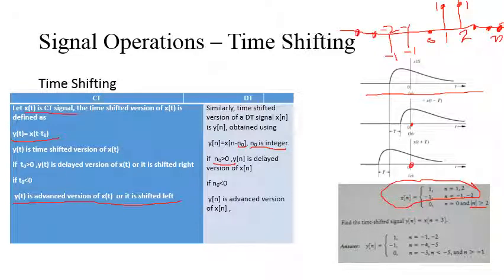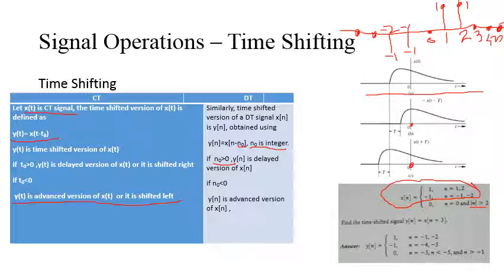You see that at -2 it has value -1, at -1 it has value -1, at 0 it has value 0, at 1 it has value 1, at 2 it has value 1, at 3 it has value 0, at 4 it has value 0, and so on. It has 0 values for n less than -2 and greater than +2, so it has only these 4 non-zero samples.